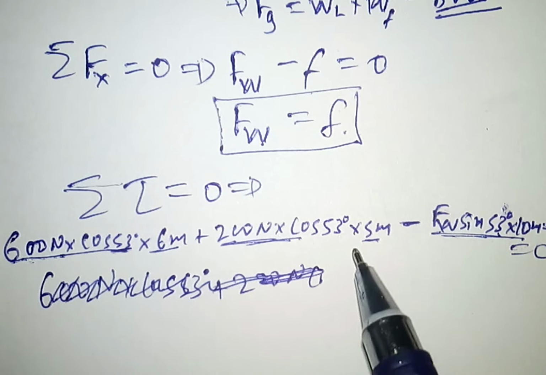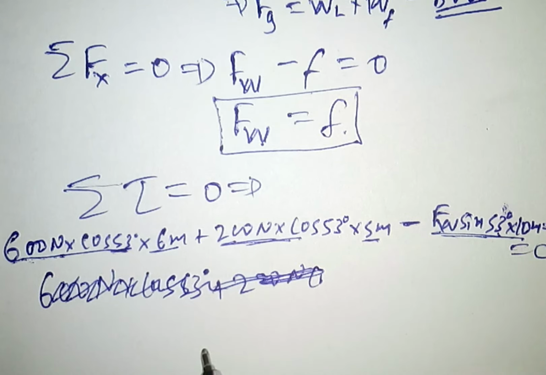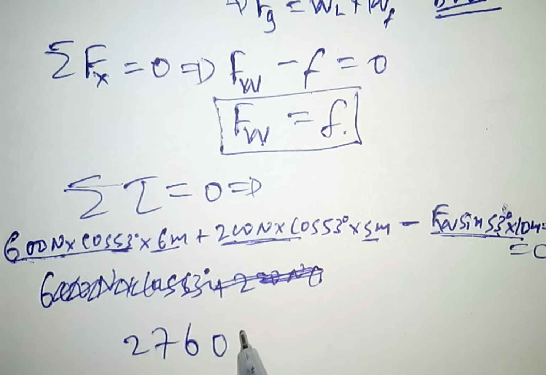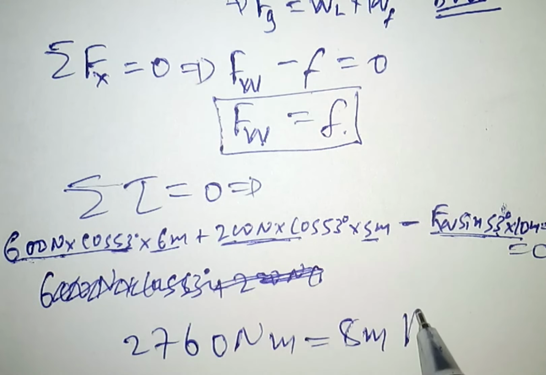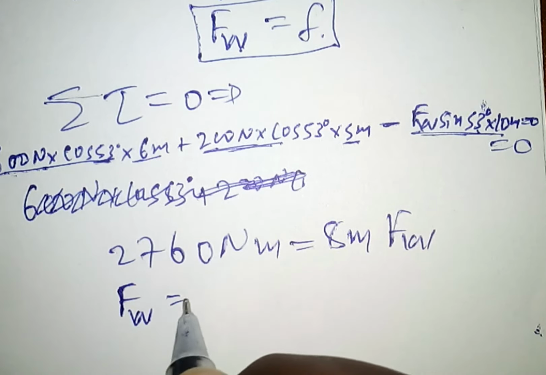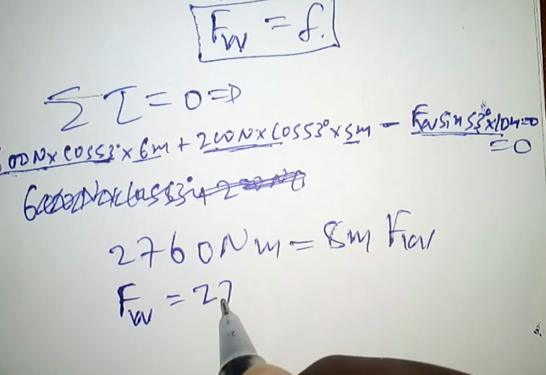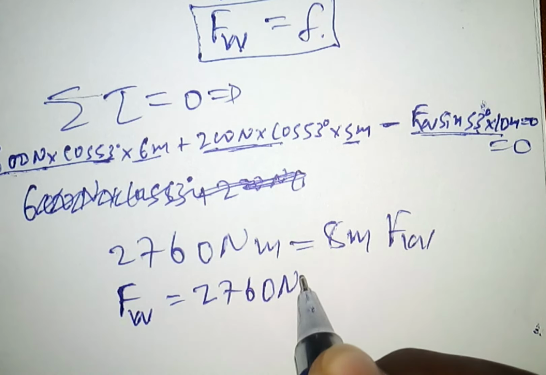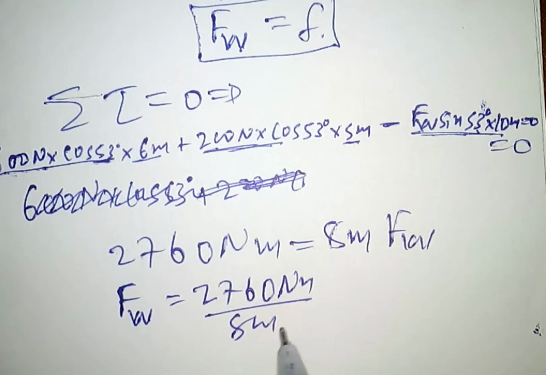Then if we add these two numbers and rearrange, we get directly 2760 Newton meter, which is equal to 8 meter times Fw. Then Fw is equal to 2760 Newton meter divided by 8 meter.